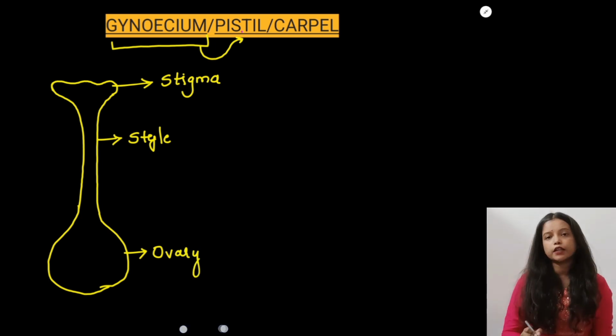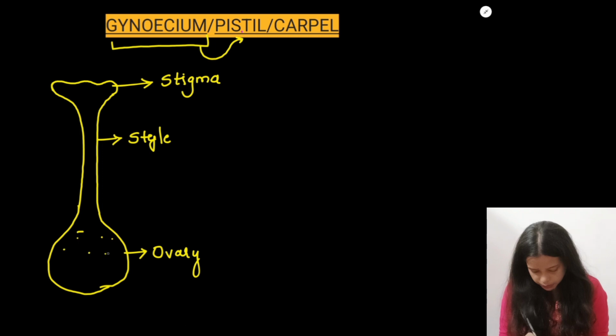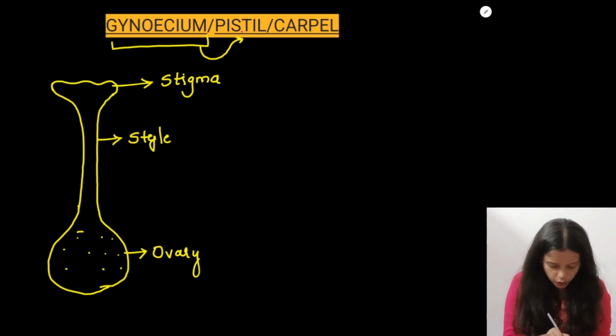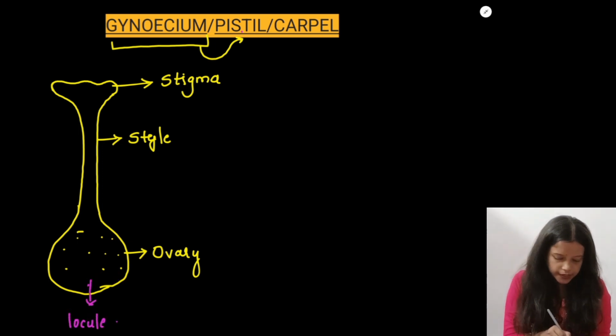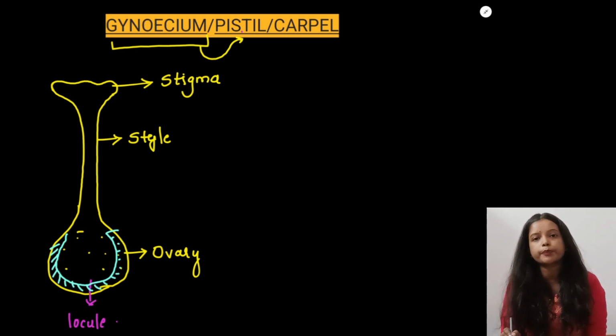So inside the ovary there is an empty space, right? All this is empty space. The space inside the ovary is known as locule. Inside the locule there is a cushion like structure. Why is it present?